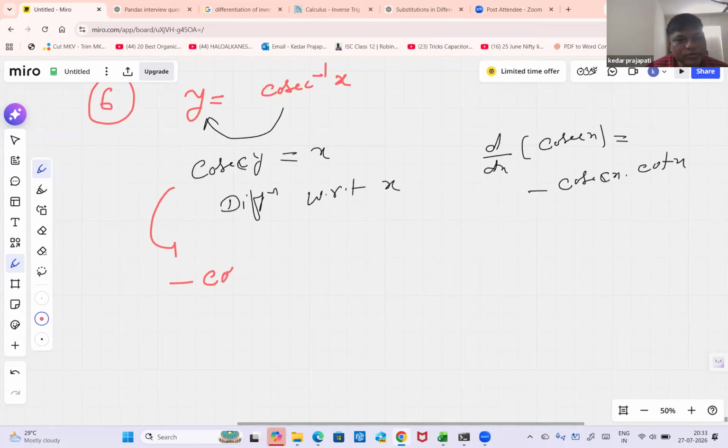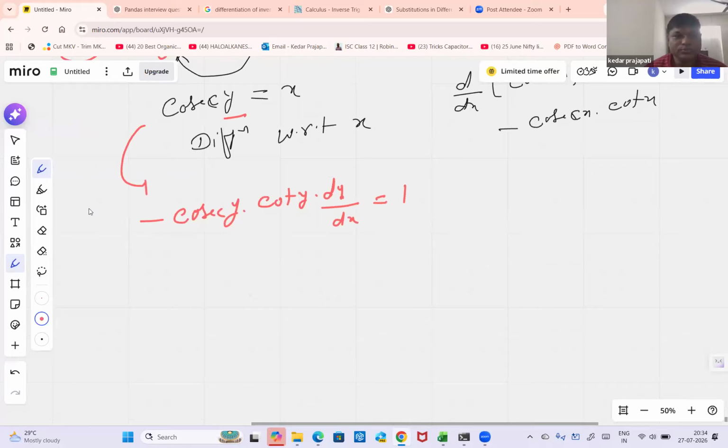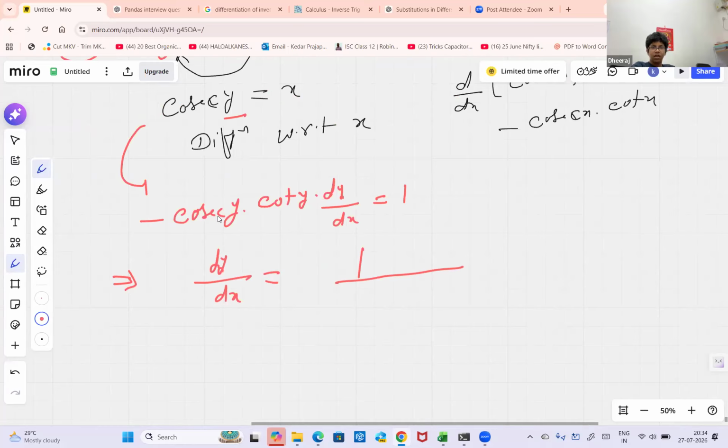So now this will become minus cosecant y into cot y into dy by dx is equal to 1. So from here, what will be dy by dx? 1 by minus cosecant y cot y, correct?